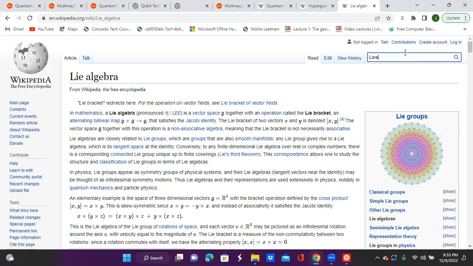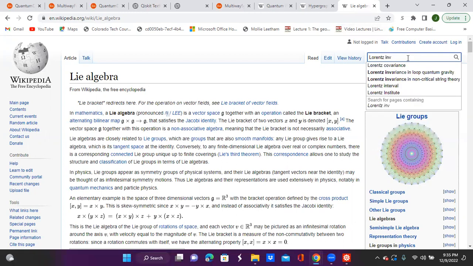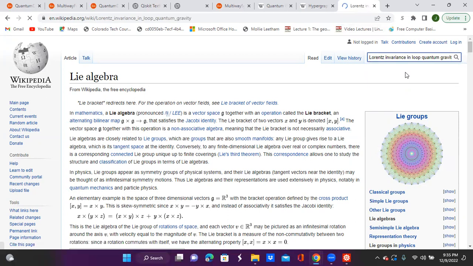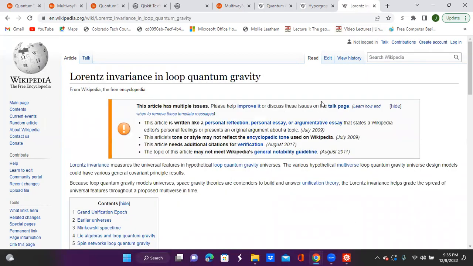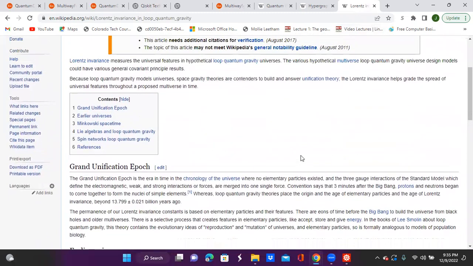Lorentz invariance. All right. Lorentz invariance measures the universal features in a hypothetical loop quantum gravity universe.